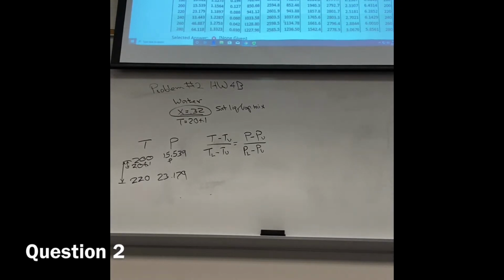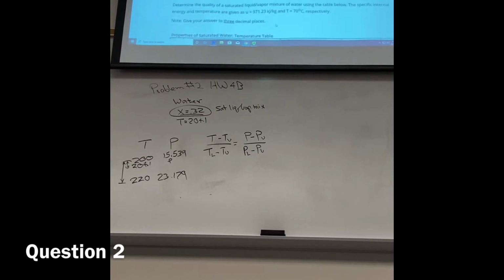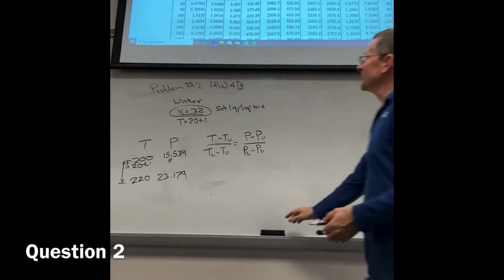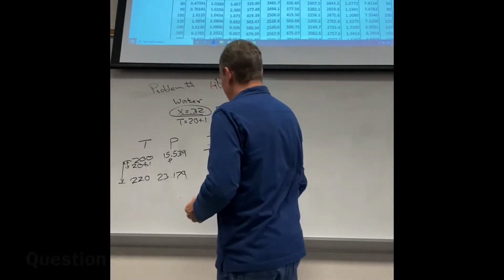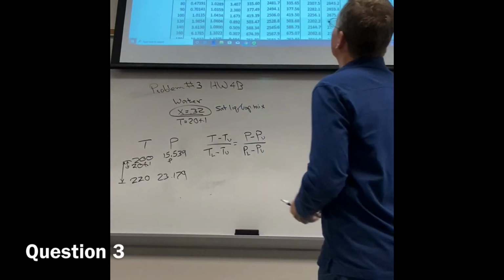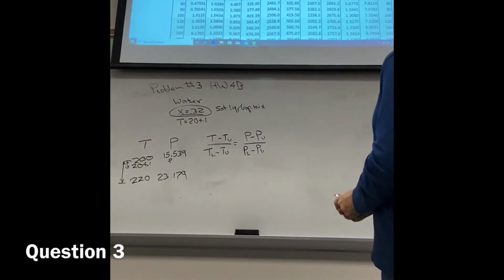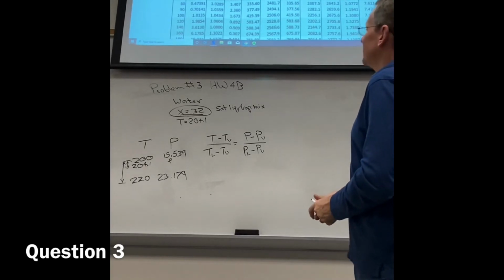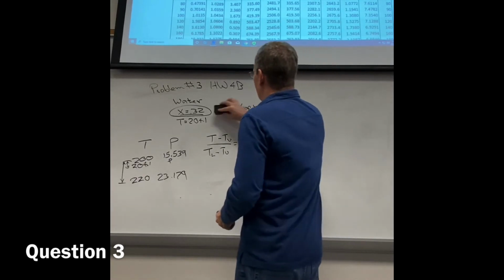So let's try one that's a little more interesting, that actually has a quality that's going to affect the answer. Okay, so let's change here to problem 3. All right, again, it's water. This time we're told it's a saturated liquid-vapor mixture, and we're given the specific internal energy and the temperature.